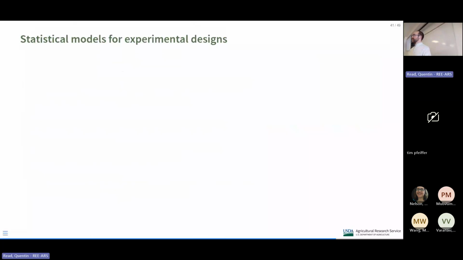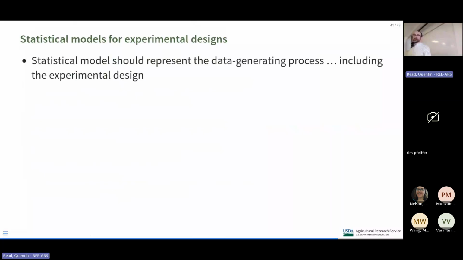And what statistical models do we use for different experimental designs? Well, the basic idea is that no matter what the design is, the statistical model that we assume should represent the data generating process, meaning that anything that we think has a noticeable or meaningful effect on our outcome should be accounted for in the statistical model.